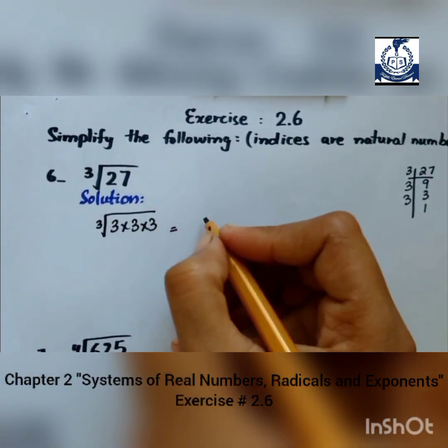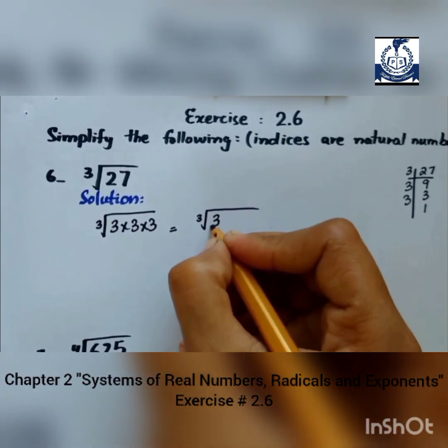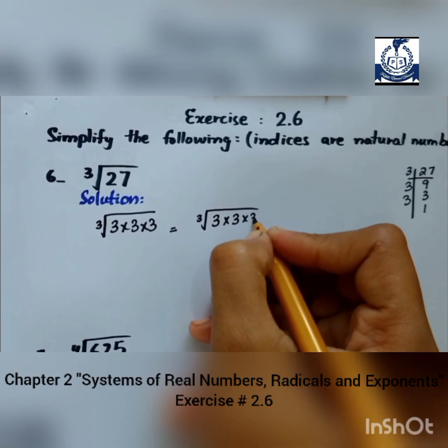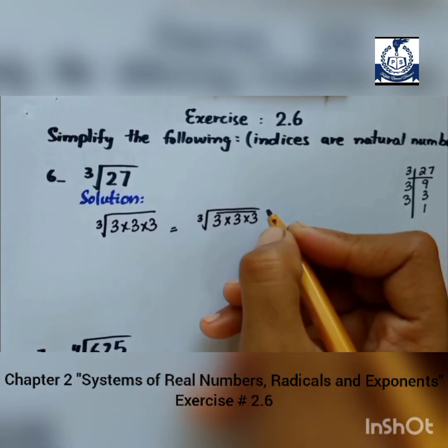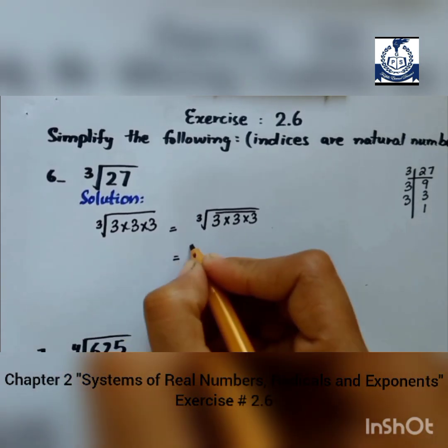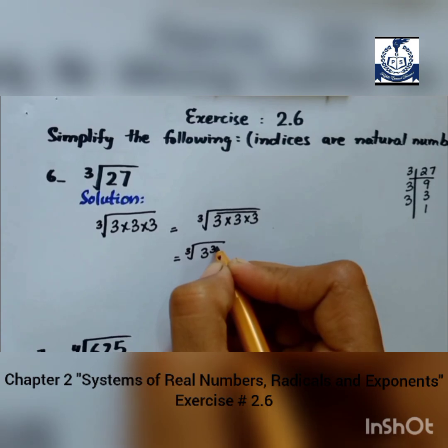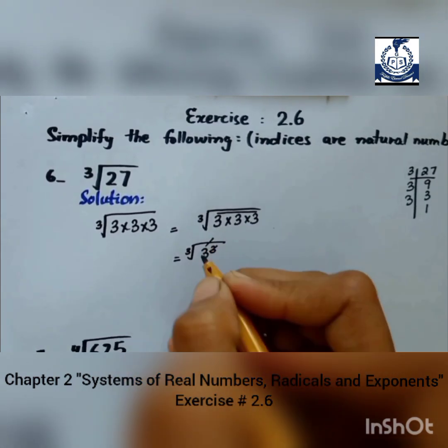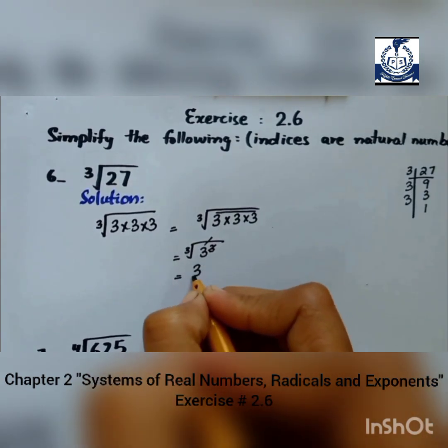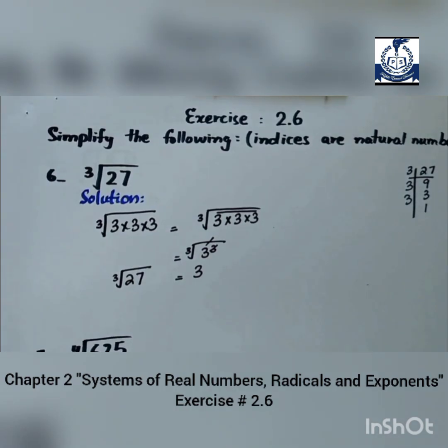Now we make the pair: 3 multiplied by 3 multiplied by 3. So we have index 3, so we make the group of 3. Here we write 3 cubed under power 3. So the cube root cancels out the cube of 3. So cube root of 27 is equal to 3. This is the answer.